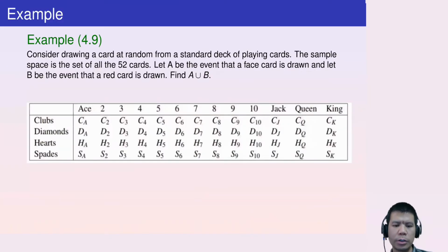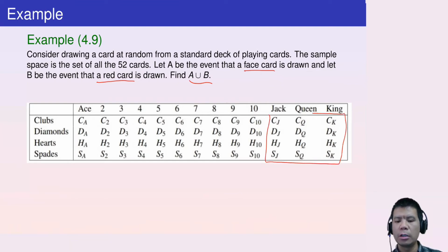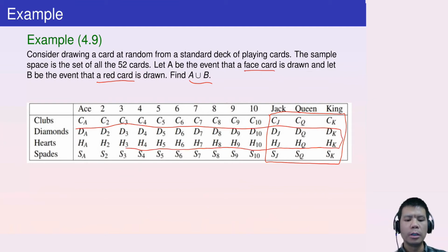Now let's consider again this example. A is again the face card, B is the red card. Then what is A union B? Again, we know that this is the face card, and this is the red card. Diamonds and hearts are red.